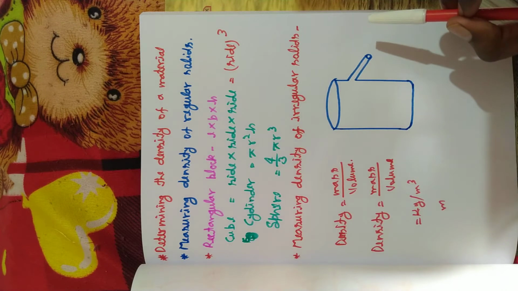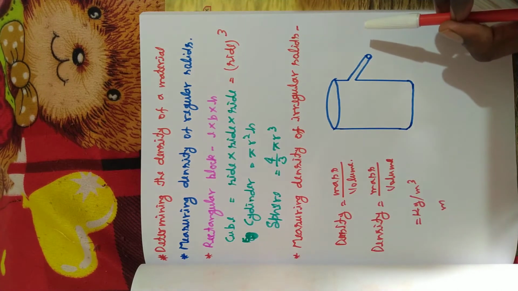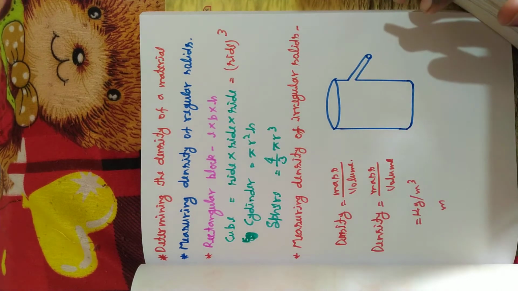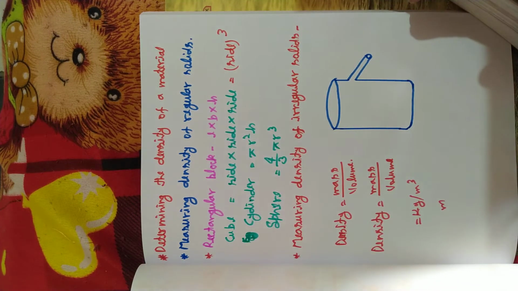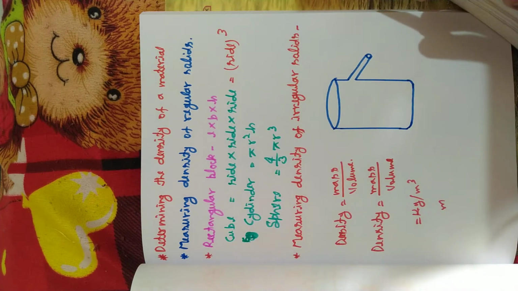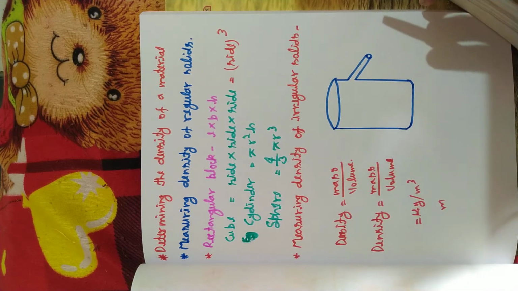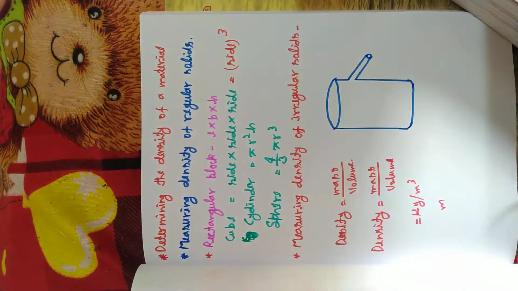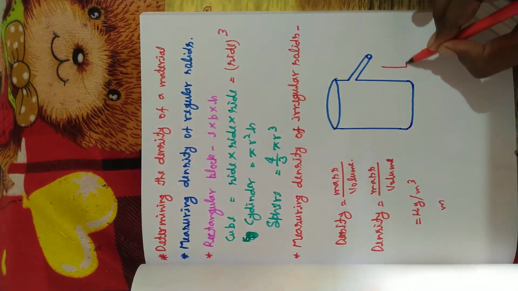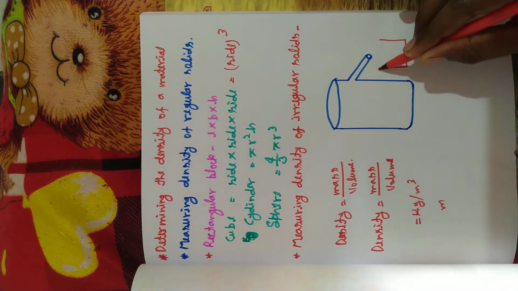Now take an empty beaker, measure its mass, say it is m1, and place it below the spout of the can. Now use a string to tie the solid and gently lower it into the Eureka can. Ensure that the solid is fully submerged. Water will flow out of the can into the beaker, which we have put below the spout.